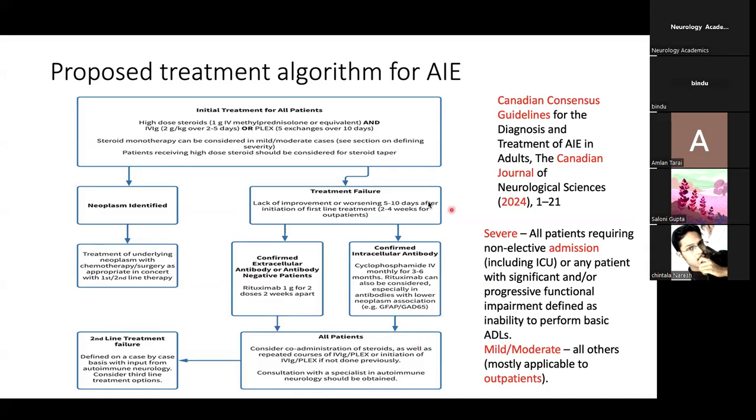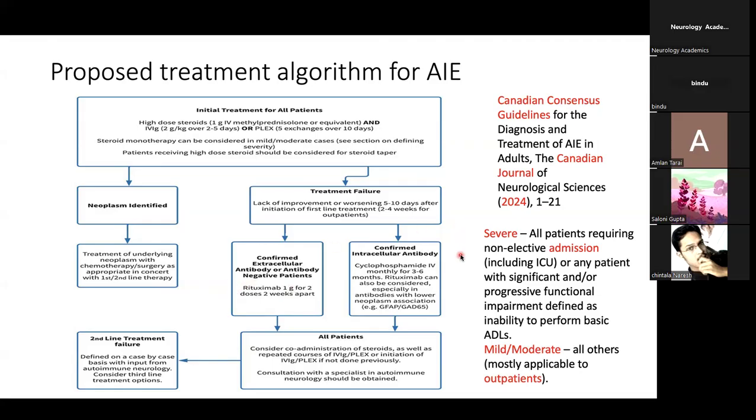If there is treatment failure, meaning lack of response or worsening 5 to 10 days after initiation of first-line therapy for those admitted in hospital, and 2 to 4 weeks after treatment for outpatients, then after confirmation of the antibody, if the extracellular antibody is positive or the antibody is negative, in that case they use rituximab.